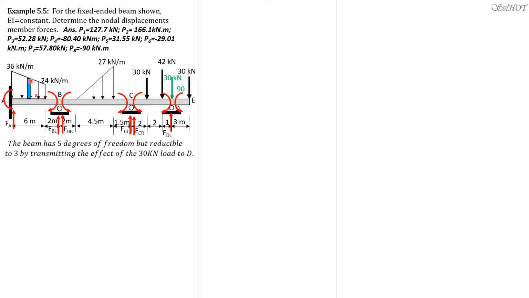So 36 minus 24 is 12. 12 divided by 6 is 2. So the height of the strip is 24, because this is already 24, plus 2x, where 2x is 36 minus 24, 12. The height of the triangle, 12 divided by 6, 2, times x, 2x. So 24 plus 2x would be the height of that strip.